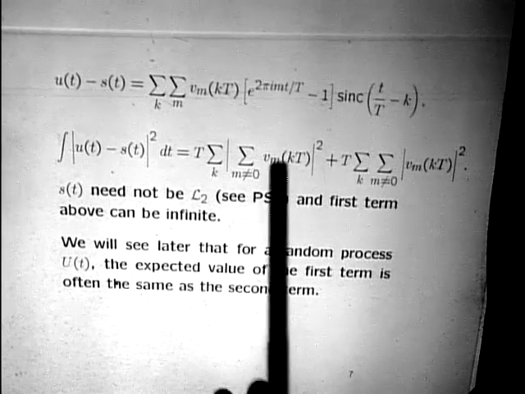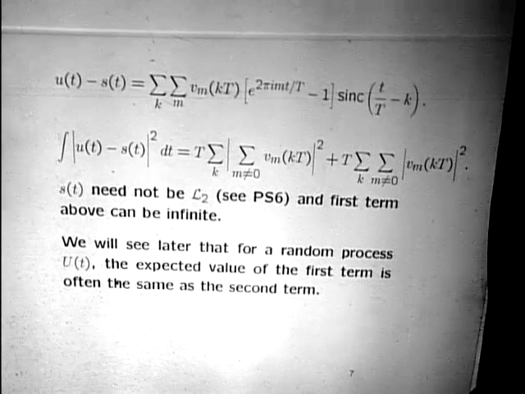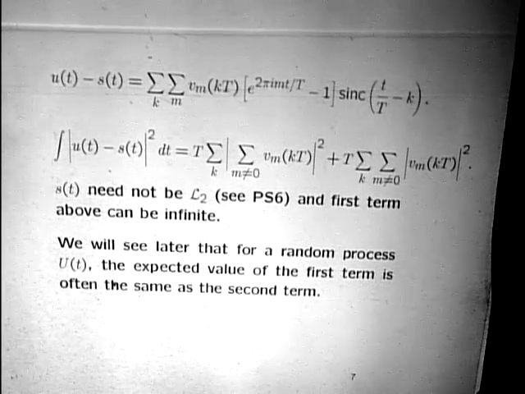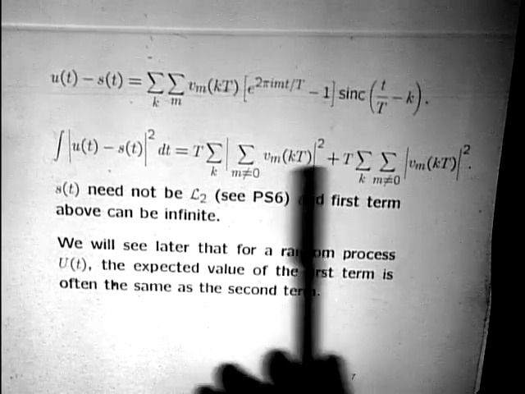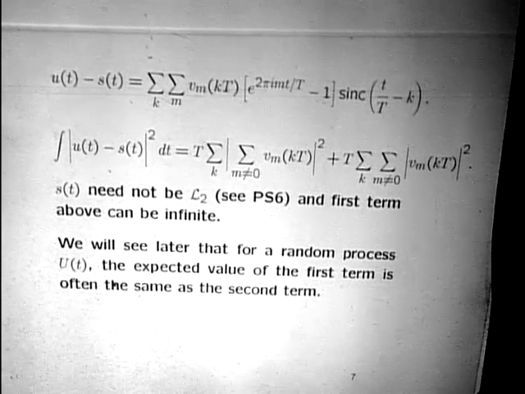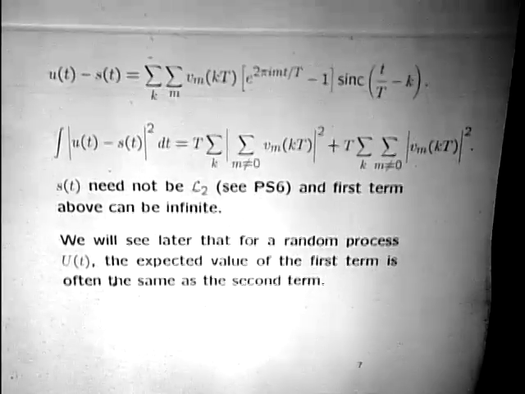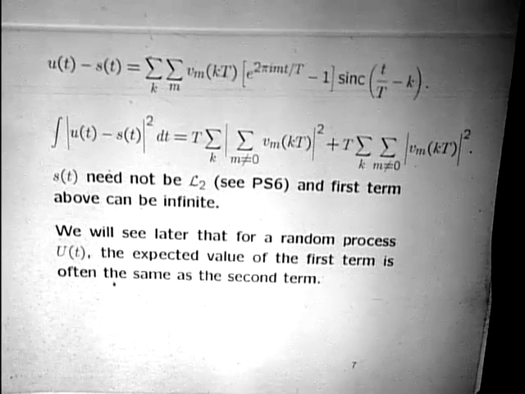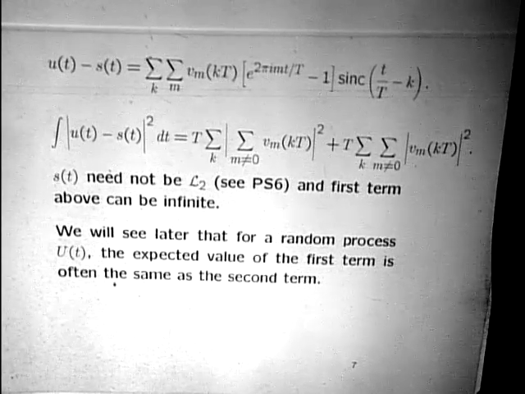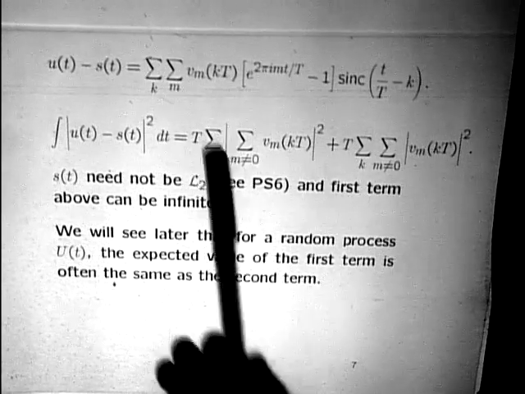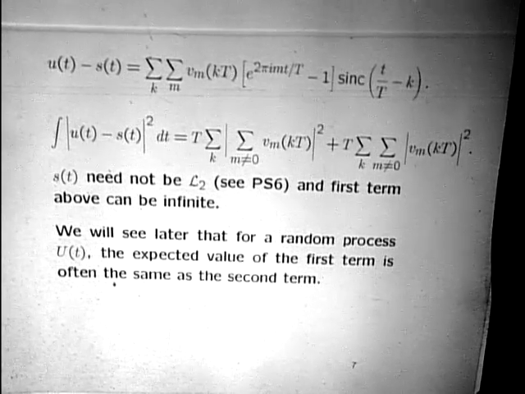So that this term and this term are going to be roughly equal for most of the stochastic processes that we deal with. So this problem doesn't occur of s of t having infinite energy. And what that means is that these two terms are of roughly equal magnitude.